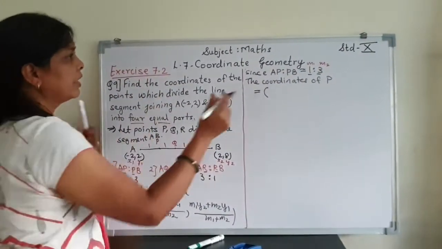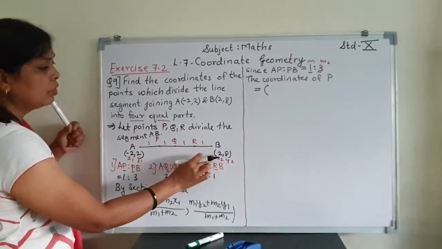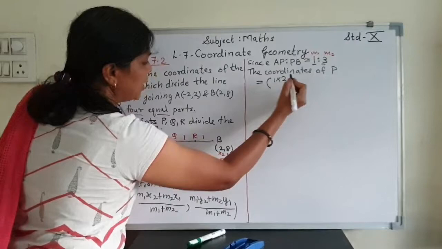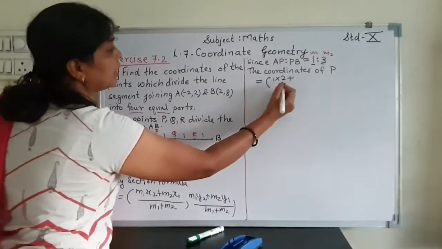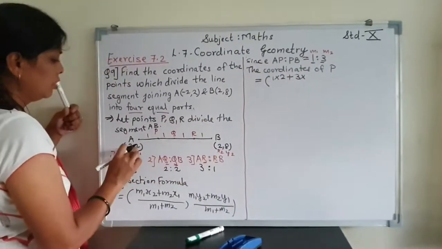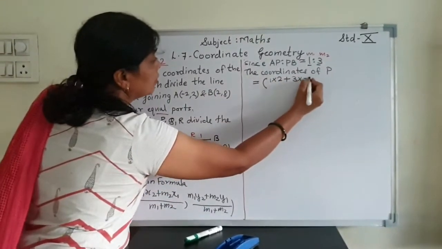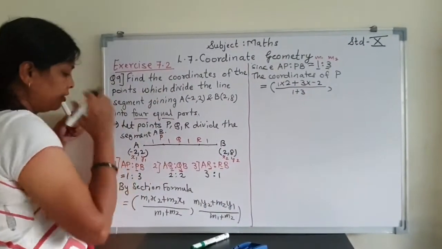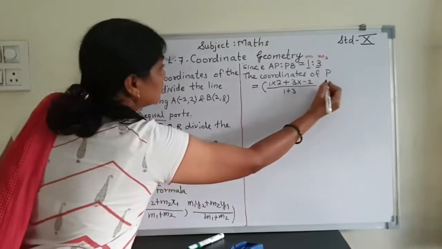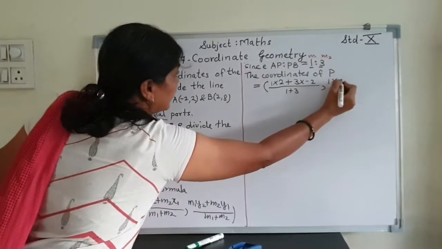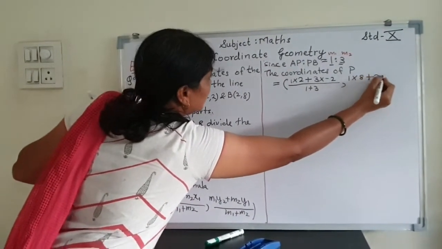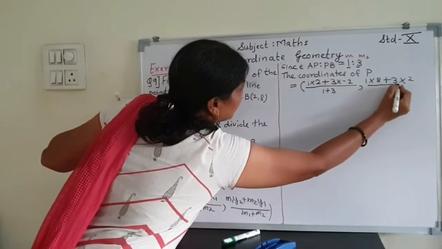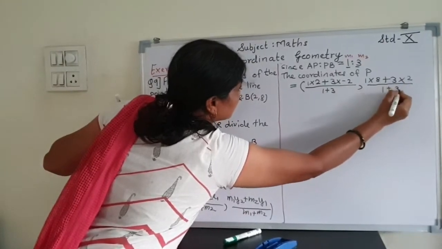So let's take M1 into x2: 1 into 2 plus M2 which is 3 into x1 which is minus 2, upon 1 plus 3, and the y coordinate we get as 1 into 8 plus 3 into 2 upon 1 plus 3.